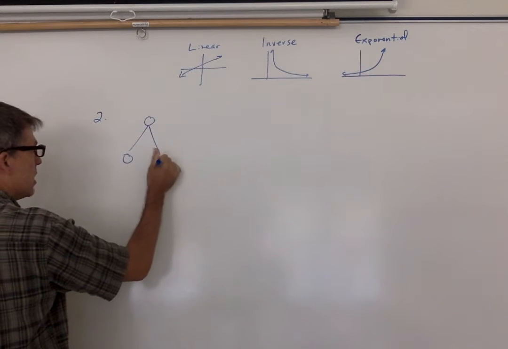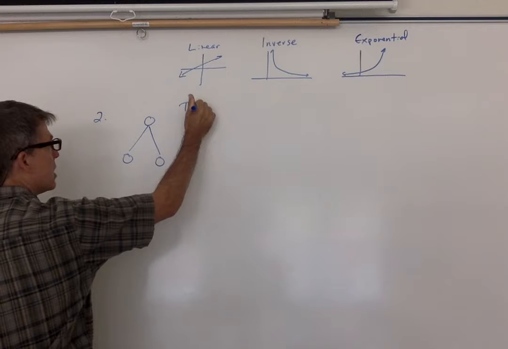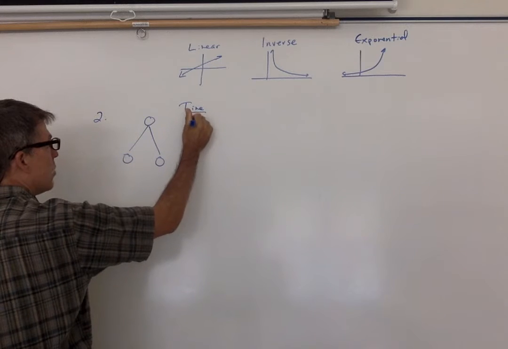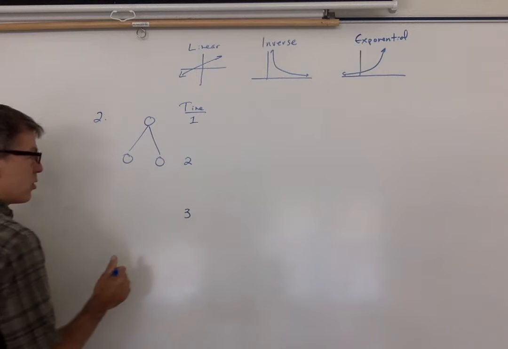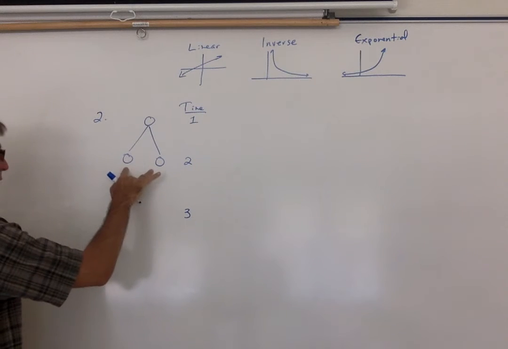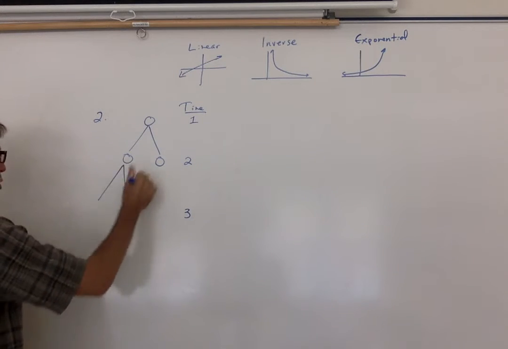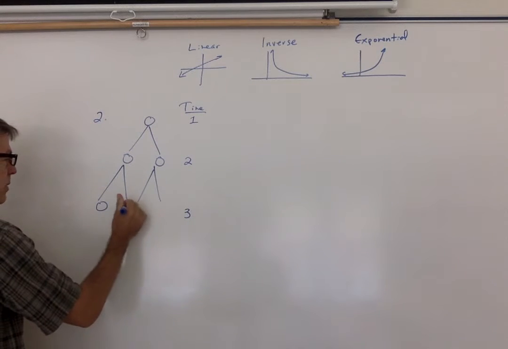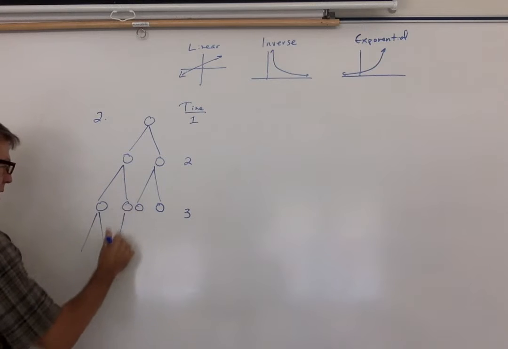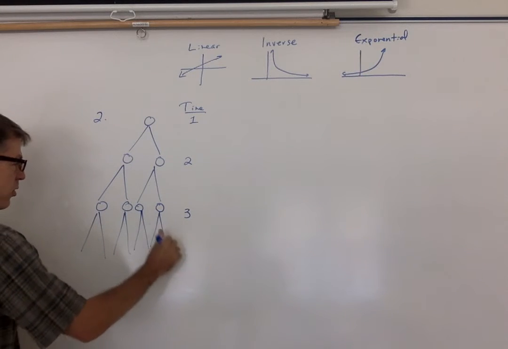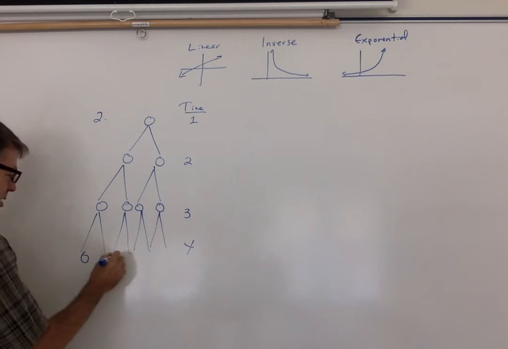Can you tell we have 2 now? Now here's the thing. After 3 minutes, don't each of these splits? So guess how many bacteria I have now? There's 4, right?